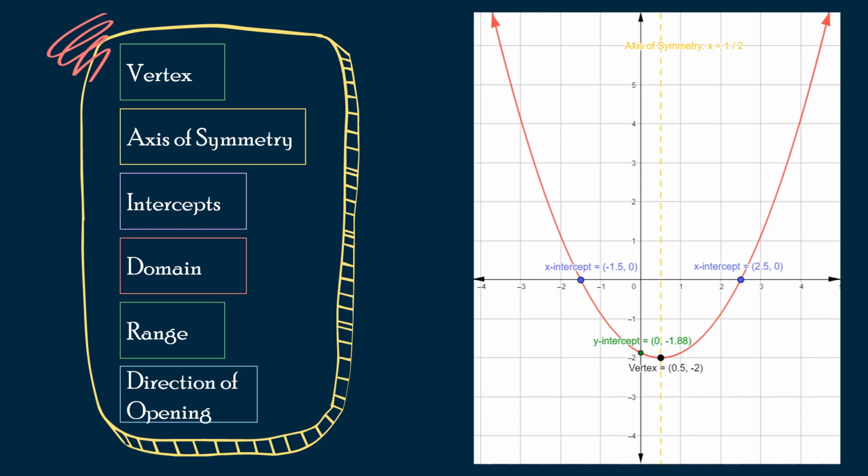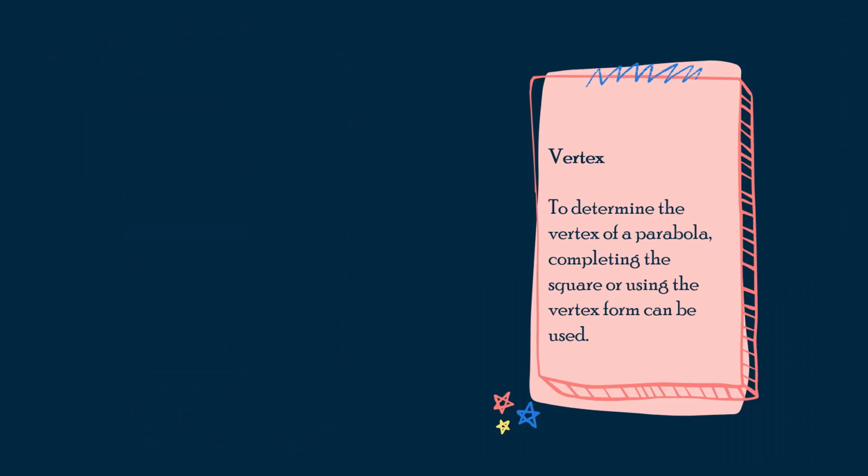And of course, the yellow break line is the axis of symmetry that passes through the vertex. So for us to further understand each property and how do we obtain each part of the parabola, let's start the discussion for each property.